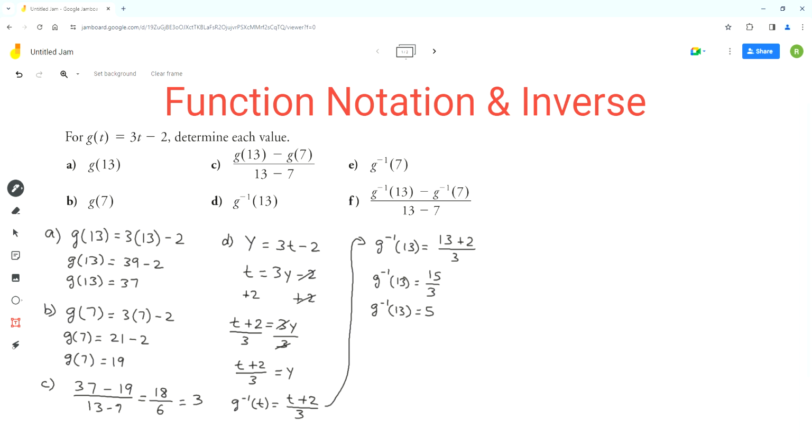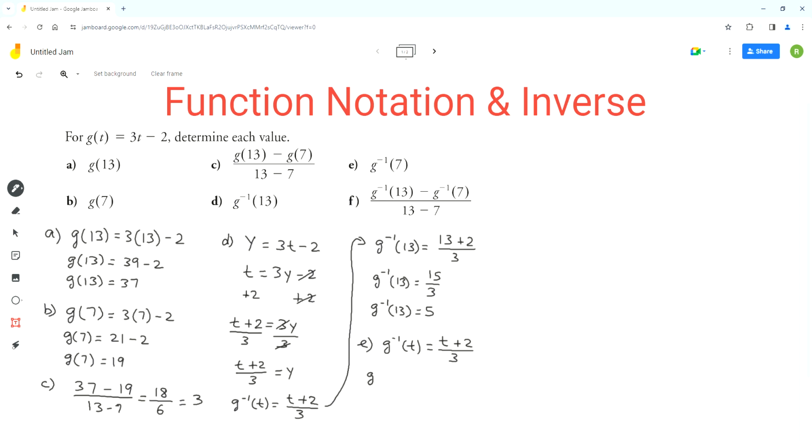Now we can do part E. In part E, we have to find the inverse of g at 7. For that, we can use the inverse of the function g of t that we found in part D. So we know that the inverse of g of t is equal to t plus 2 over 3. So we should sub in t as 7.